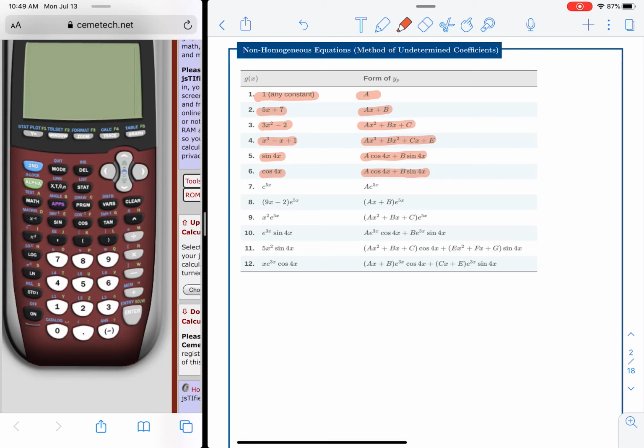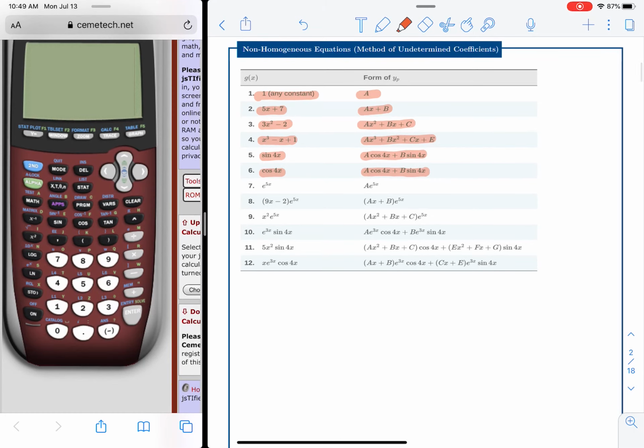If we have a combination of a linear function and an exponential function, then we would use ax plus b times e raised 5x. If we simply have an exponential function e raised 5x, we would use a times e raised 5x. If we have a quadratic function multiplied by an exponential, we have ax squared plus bx plus c multiplied by e raised 5x.